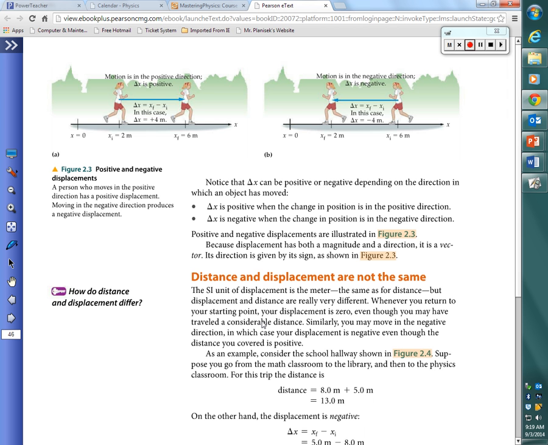Now, if we look at the formula or the equation for calculating the displacement of something, right? Going back to page 45, which I think is on the previous page of your packet. I think it's on page 2 of your packet.